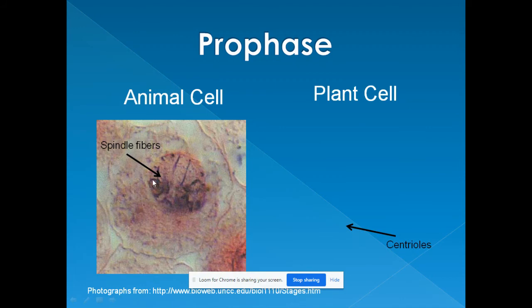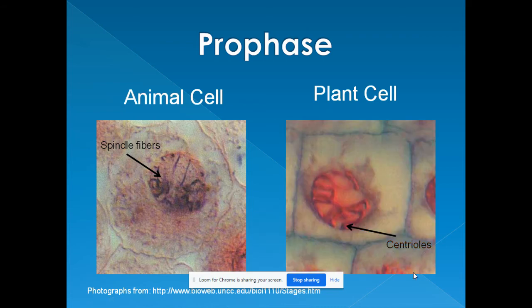So you can see a bunch of chromosomes here, and the spindle fibers being produced. In the plant cells, in this image it is very easy to check the centrioles in one edge, and you probably have another centriole in the other edge, which can't be seen in this picture.